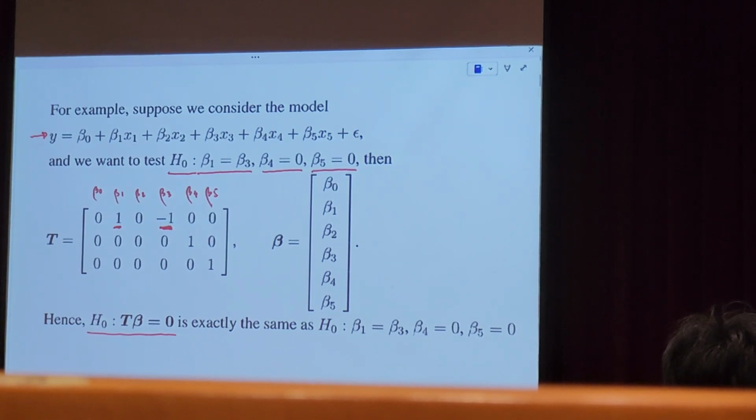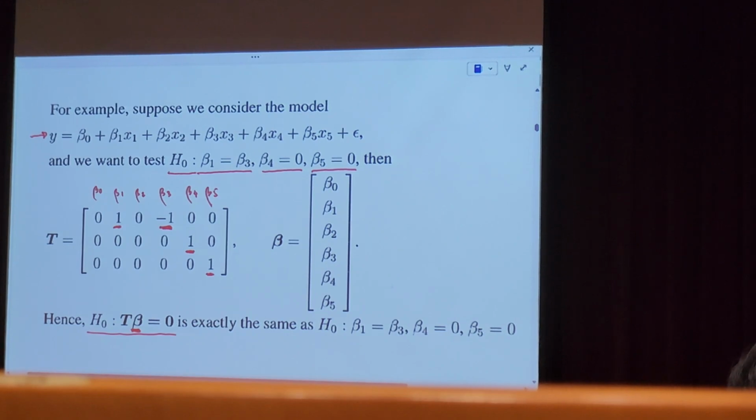Now the second linear combination of beta is given by the second row of T, which is here. So this row multiplied by the vector of beta, you get beta 4. And then the last row gives beta 5 when you multiply T by beta.